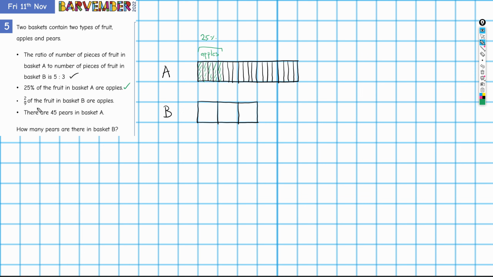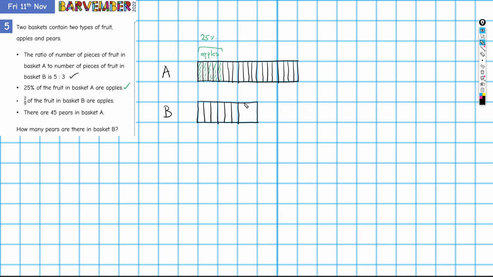We're also told that 2/9 of the fruit in basket B are apples. Now, I'm going to have to divide these parts up differently because we're dealing in ninths. So what I'm going to do is divide each of these parts into thirds.